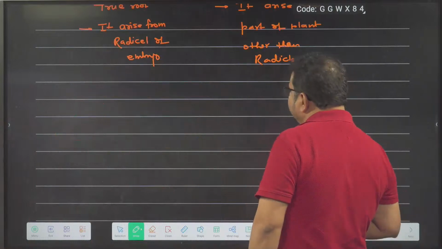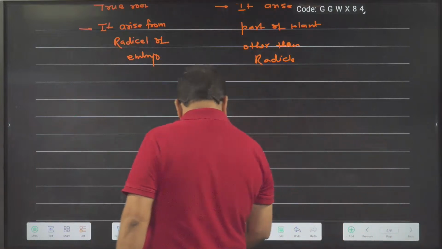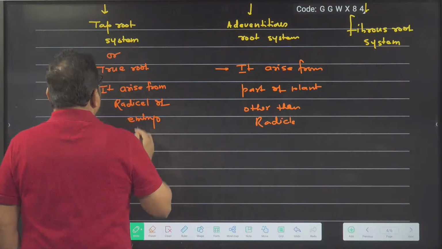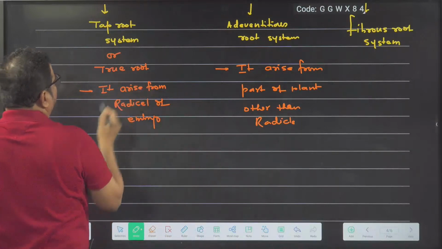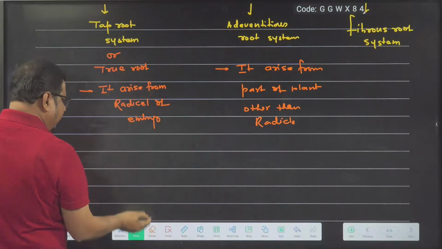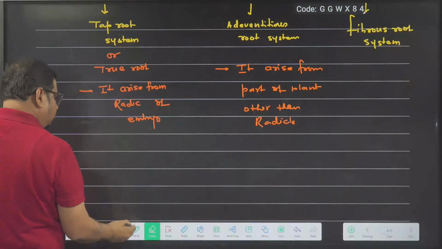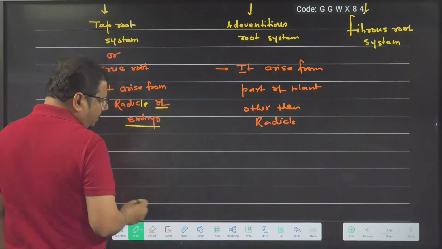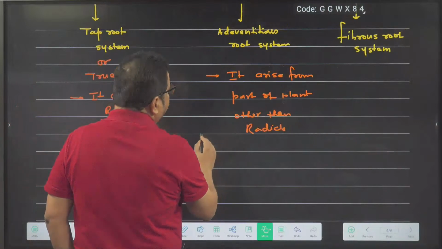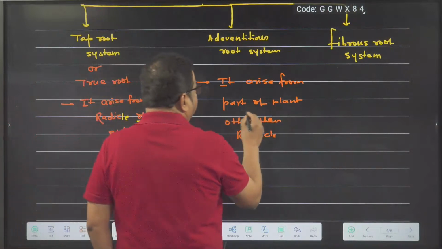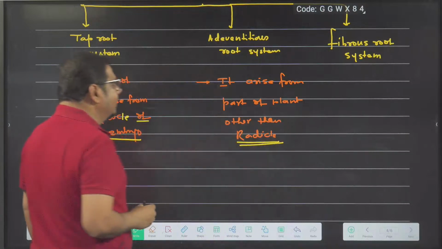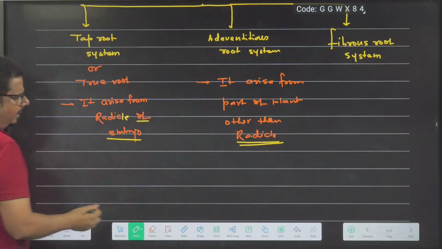Now I am coming to the previous slide. So what I am saying here, the tap root system or true root arises from radicle of the embryo. Got the idea? Another thing, adventitious root system arises from a part of the plant other than radicle.